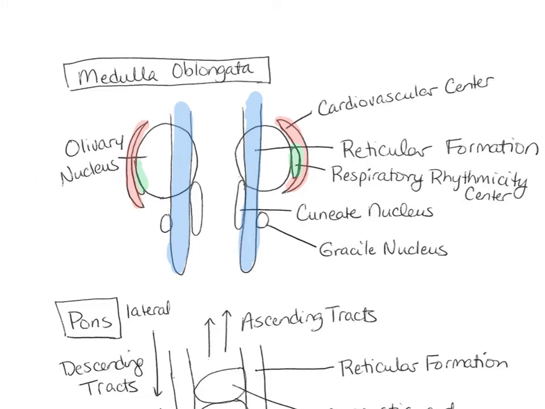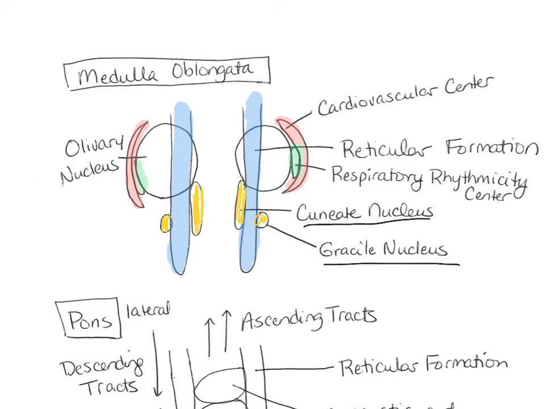And then you're going to see these terms down here, the cuneate nucleus and the gracile nucleus. Those are areas that receive sensory information. So there's the cuneate and the gracilis, or the gracile.